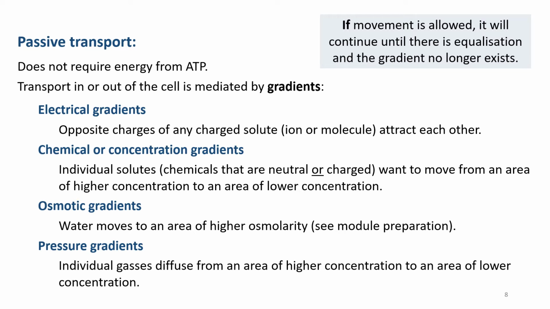That gradient no longer exists. What will happen is you will probably get net movement. So as one molecule of chemical moves from outside the cell into the cell, one will move out from the cell to the outside. So you'll get movement, but no net movement, and you have no gradient.